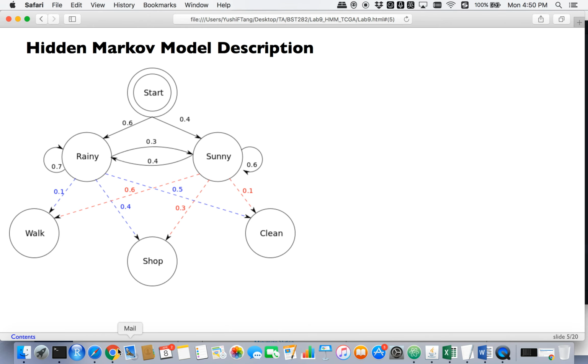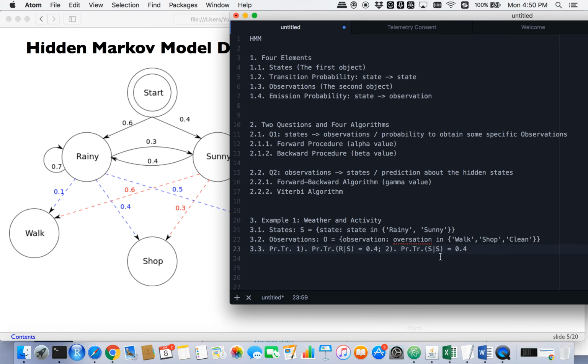It's 0.6. And also the transition probability that given the first day is raining and the second day is sunny is what? It's 0.3, right?